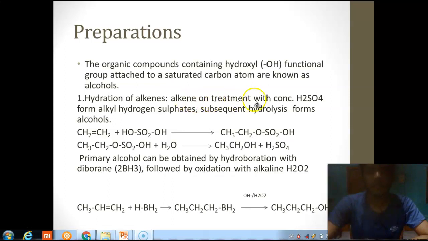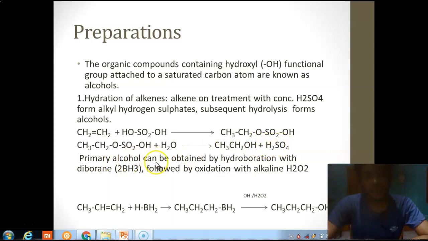So alkene on treatment with concentrated H2SO4, that is sulfuric acid, will form alkyl hydrogen sulfate, and this alkyl hydrogen sulfate on subsequent hydrolysis with water will form alcohol. Ultimately we will get the alcohol and H2SO4.